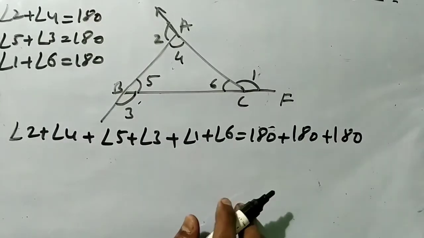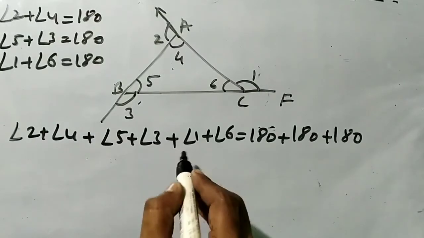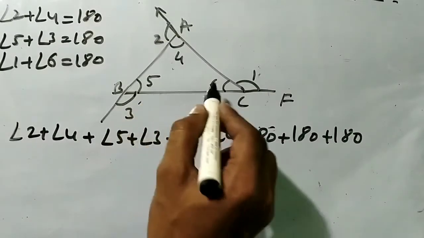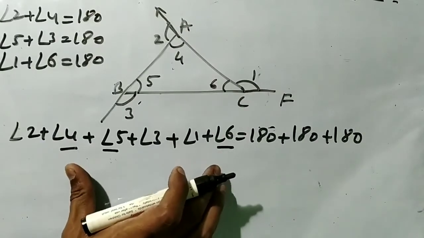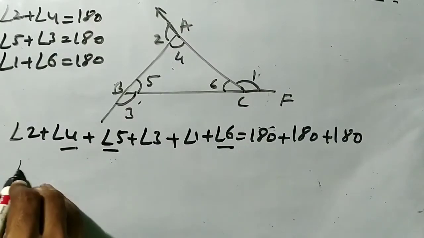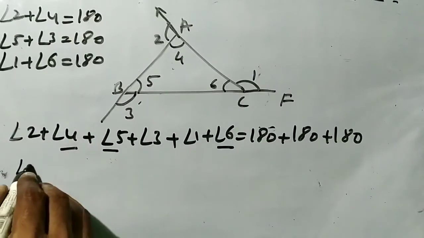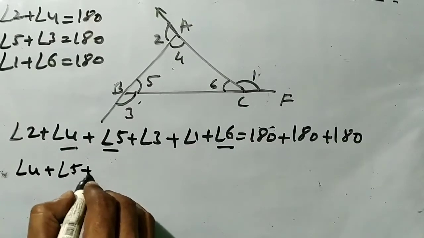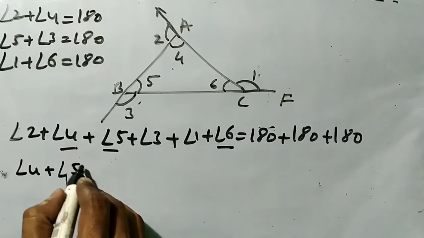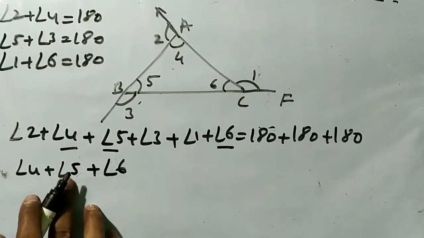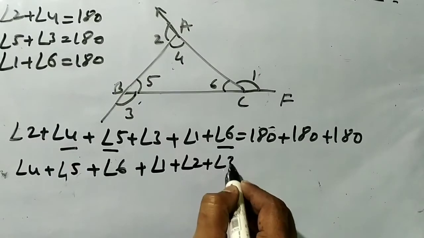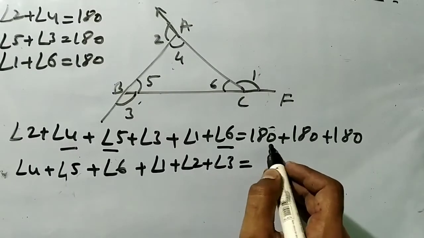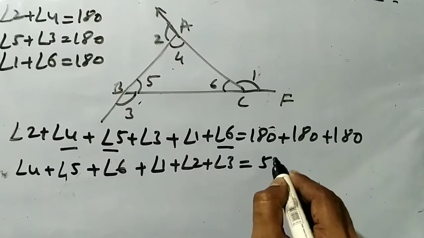We also know that angles 4, 5, 6 are the interior angles. So write it separately: angle 4 plus angle 5 plus angle 6 plus angle 1 plus angle 2 plus angle 3 is equal to 3 times 180, which is 540.